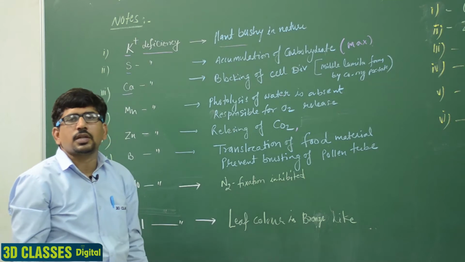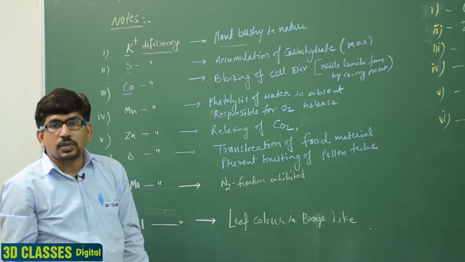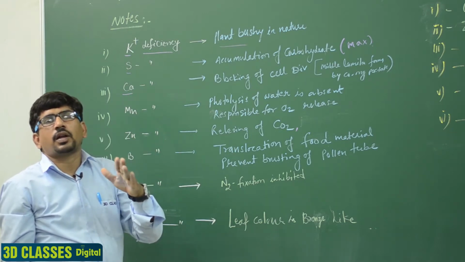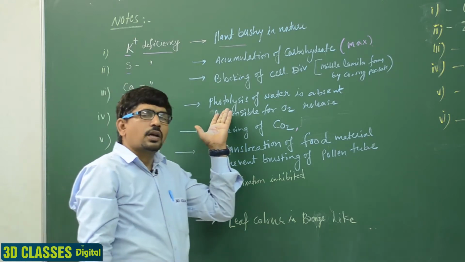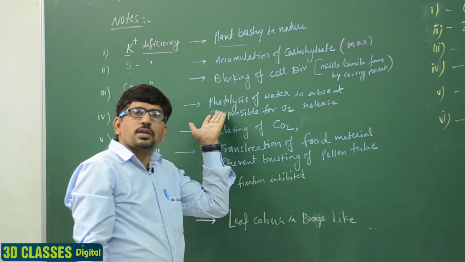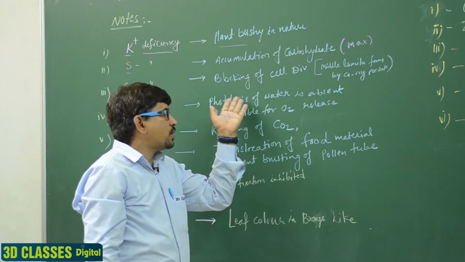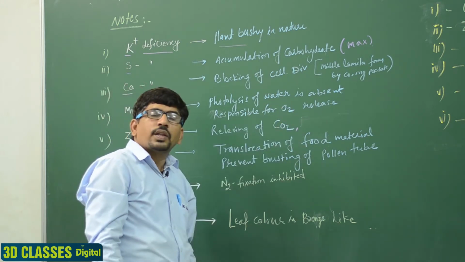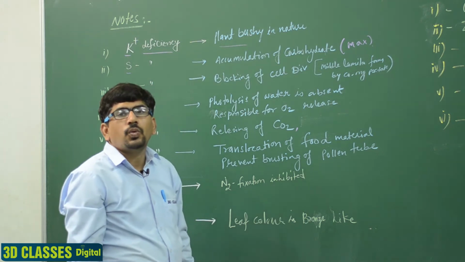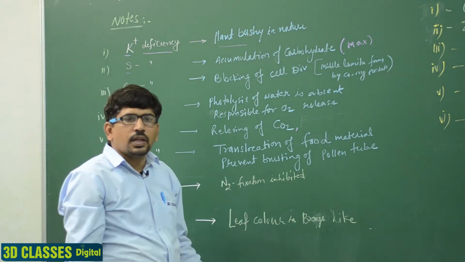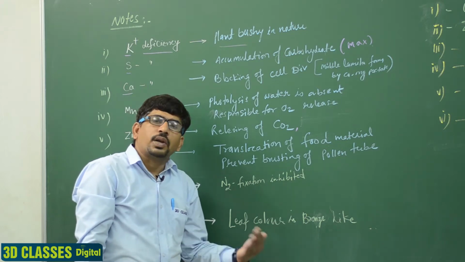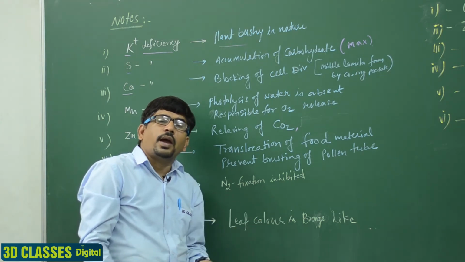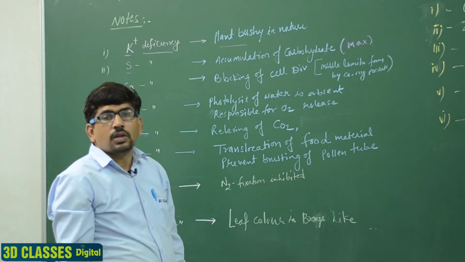In photosynthesis, we discussed the photolysis of water process, and in the presence of chlorine and manganese, photolysis of water occurs. In the deficiency of Mn, the photolysis of water is absent or inhibited, so O2 is not released, because you know very well that during photosynthesis plants take up CO2 and release O2, and this O2 is liberated from the water molecule.